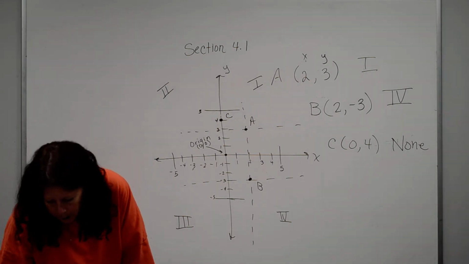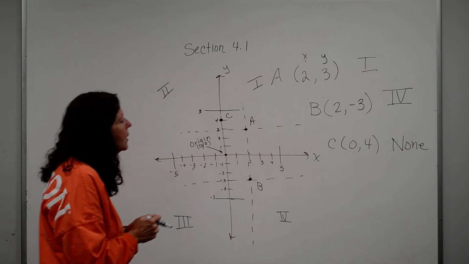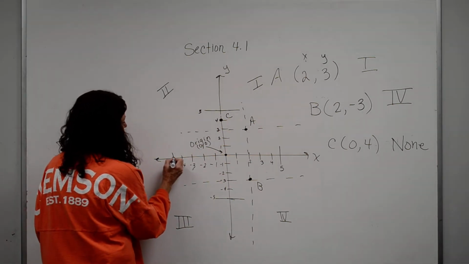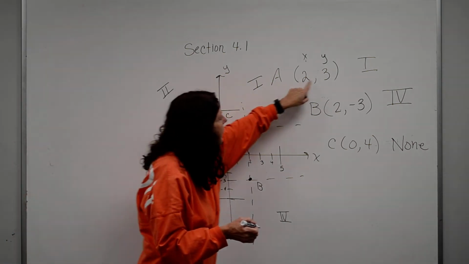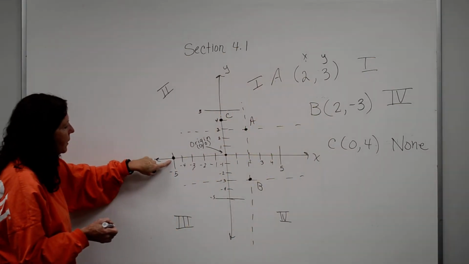Okay? You have to be able to put any point on a graph. You have to be able to look at a point on a graph and tell me what it is. So if I had this point, and I ask what is the ordered pair, the first and the last name, that represent that point right there?